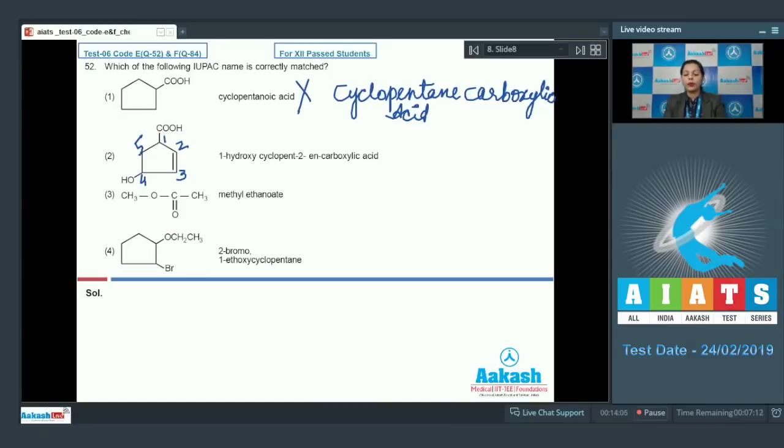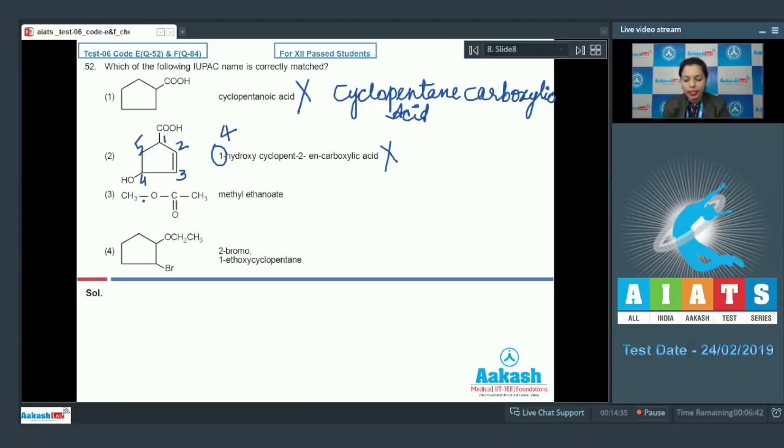This is the correct numbering, and on that basis, this hydroxy group is present at the 4th position, not at the 1. Further, if I talk about this double bond, yes, it is present at the 2nd position. So the correct name should be 4-hydroxy cyclopent-2-ene carboxylic acid. That should be the correct name, not the previous one. So this is also incorrect. This is not correctly matched.